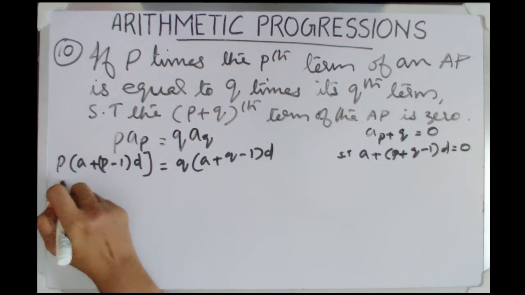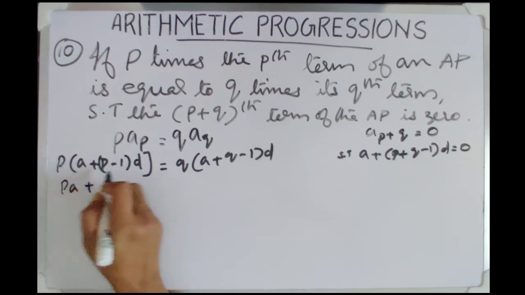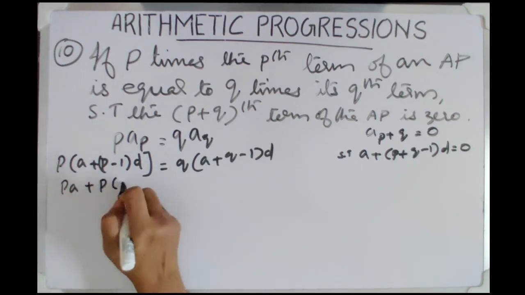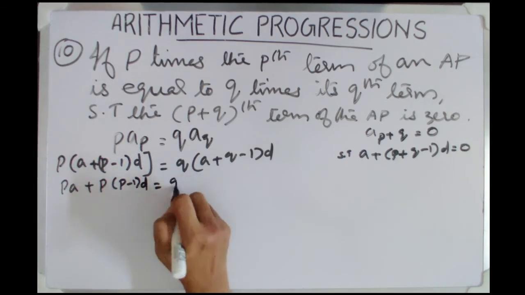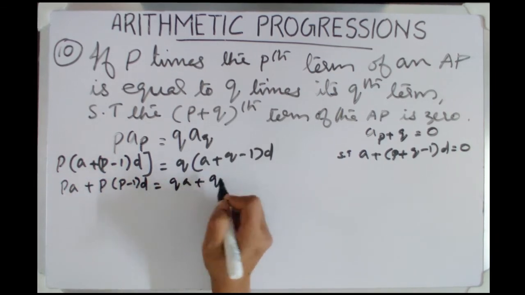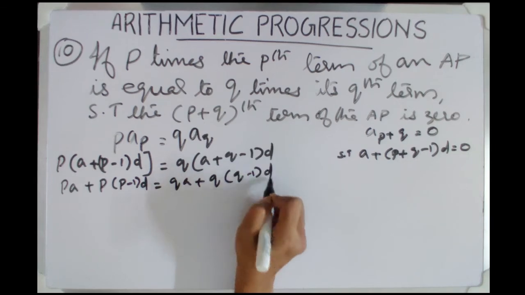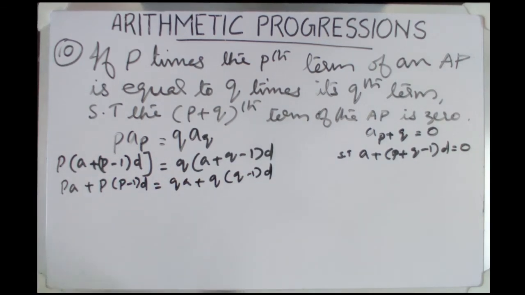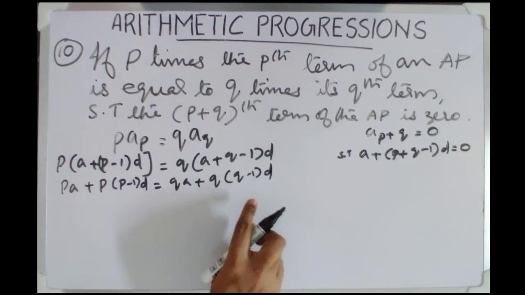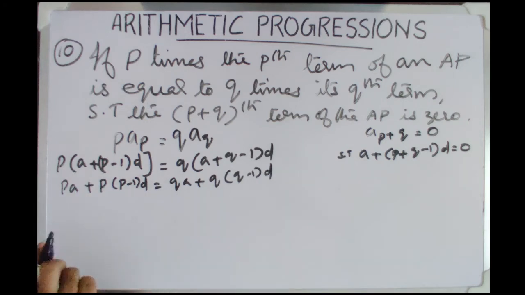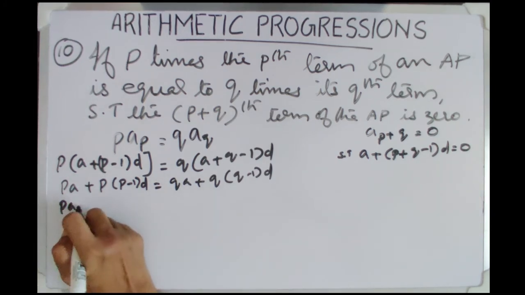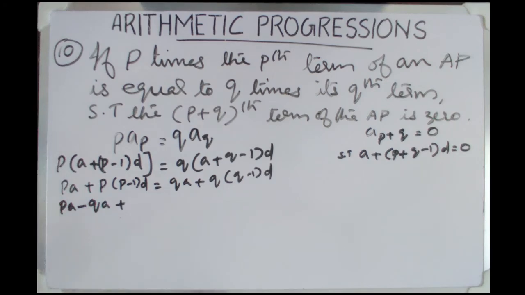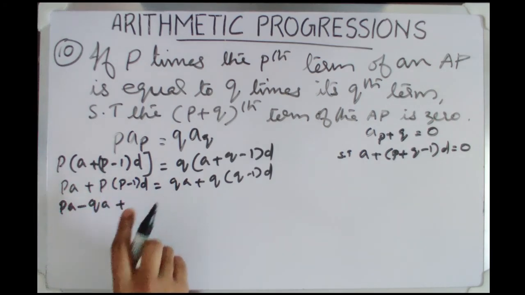We can remove the brackets: p into a, that is pa, plus p into (p minus 1) into d, is equal to q into a plus q into (q minus 1) into d. We can take this qa and q into (q minus 1) into d to this side. Then pa, minus qa, plus p into (p minus 1) into d.